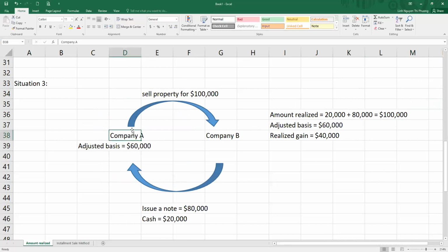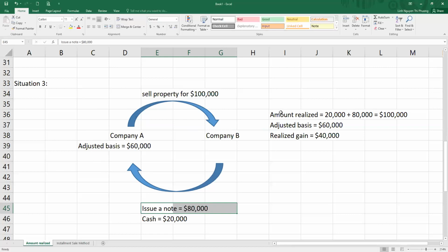Company A sells a property for 100,000 to company B. In this situation, company B only has 20,000 cash to give to company A and issues a note of $80,000 to company A. Remember, to issue a note means they will borrow money and give company A a note saying that I will pay you $80,000 in the future.